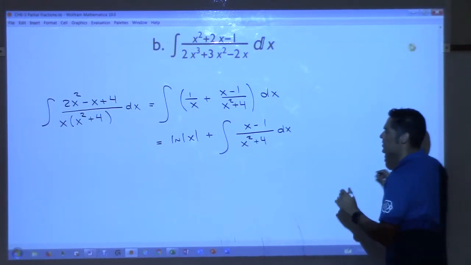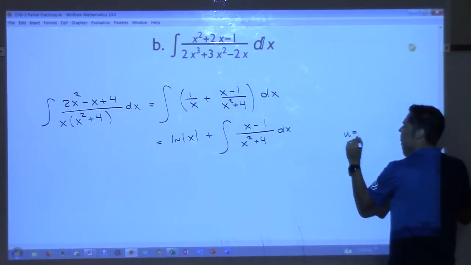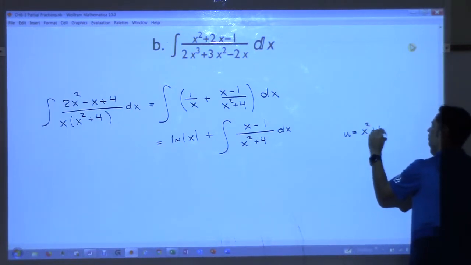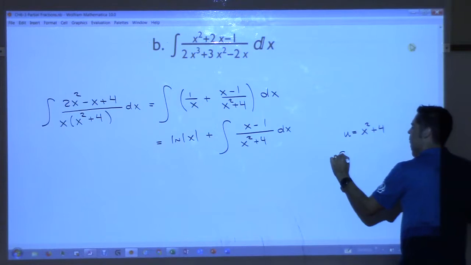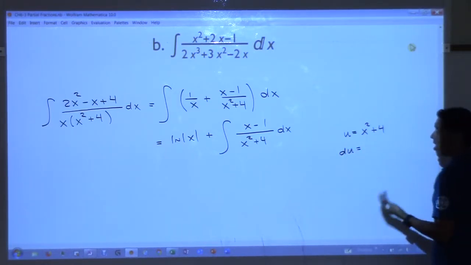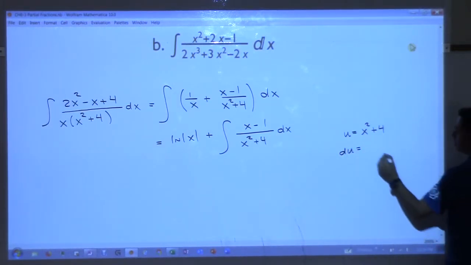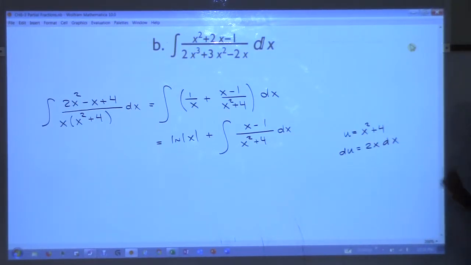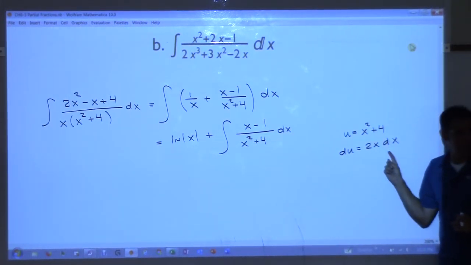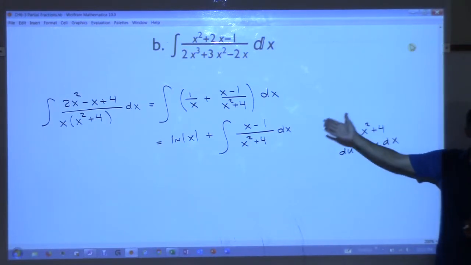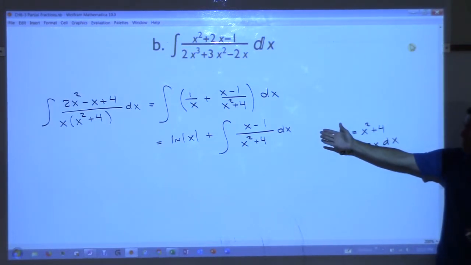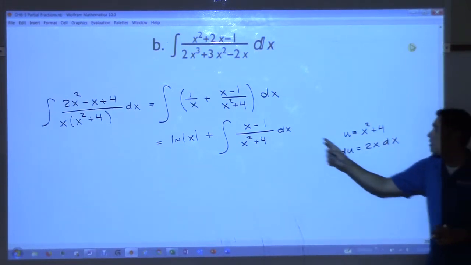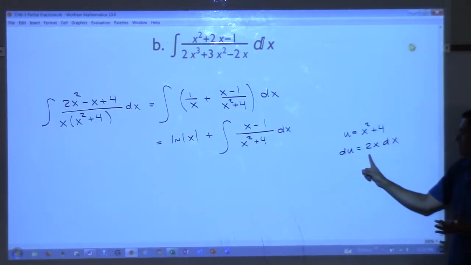So this is the one where we say u is going to be equal to x squared plus 4, right? What would we really like du to be? Well, we have x minus 1, but we'd really like 2x dx, yes?